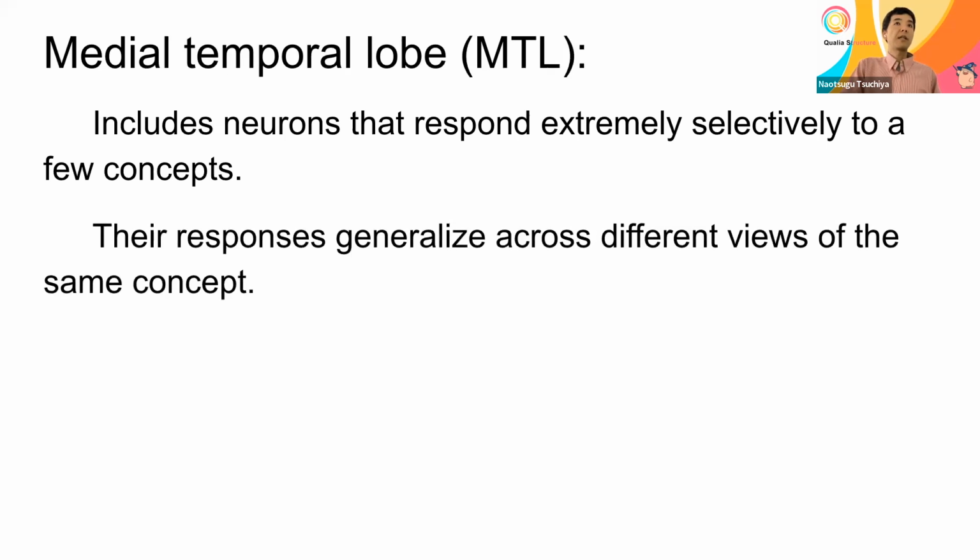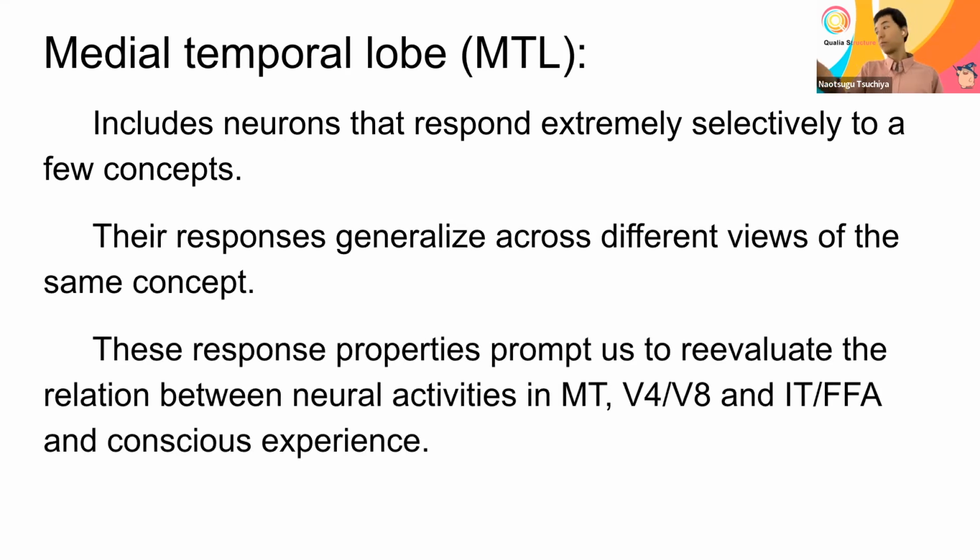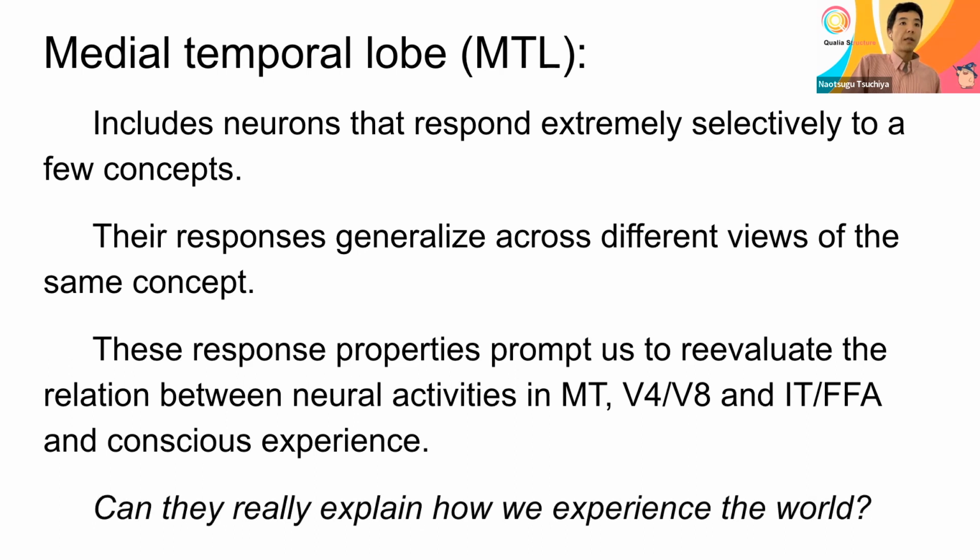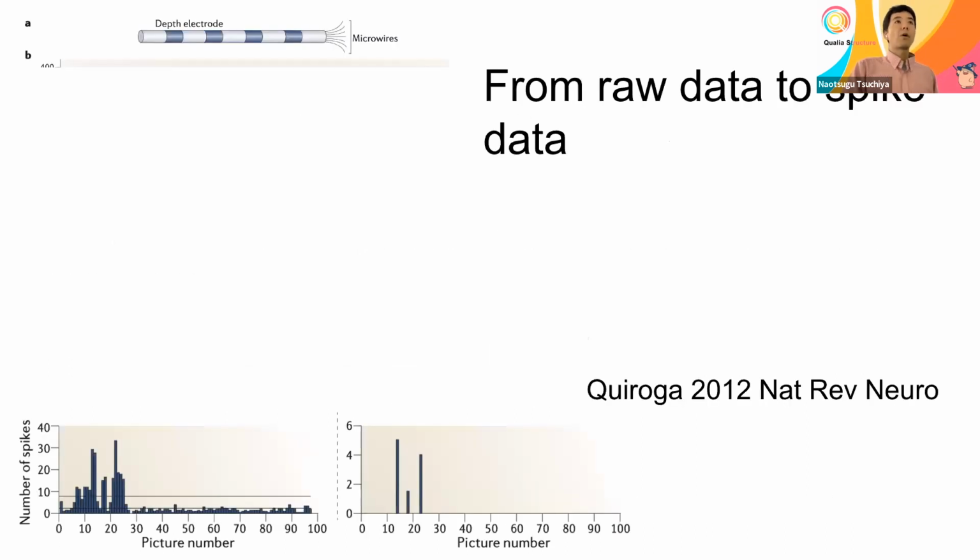Their responses generalize across different views of the same concept, and they also behave like IT neurons in monkeys' binocular rivalry experiments. These response properties prompt us to re-evaluate the relation between neural activities in MTL, V4, V8, IT, FFA and conscious experience. So at the end of today's session, I'll pose a question: can they really explain how we experience the world? That's the question.